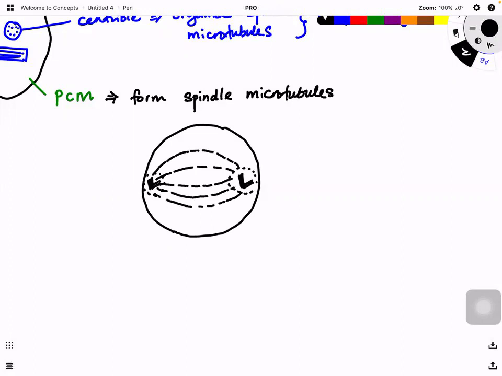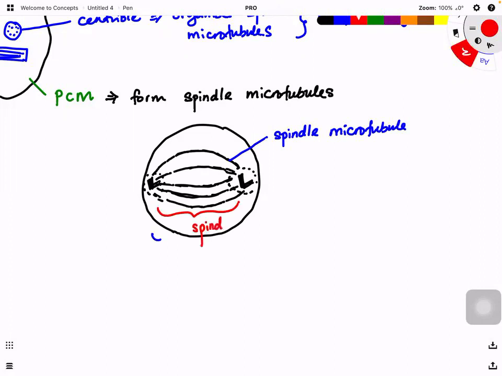Can you see that? Continue. So it forms. If I label this one by one, we call it a spindle microtubule. Then the entire structure here is known as the spindle.